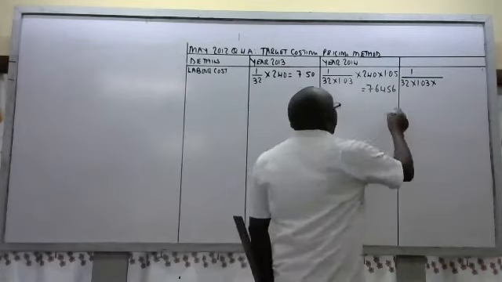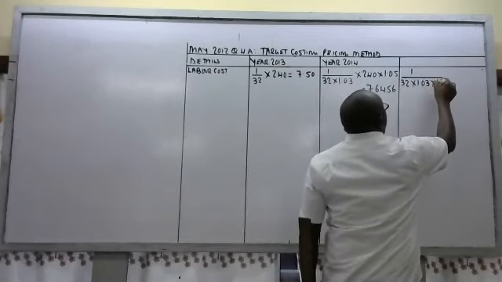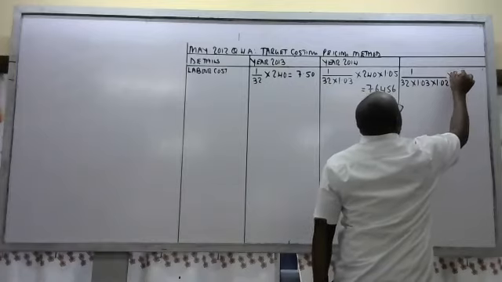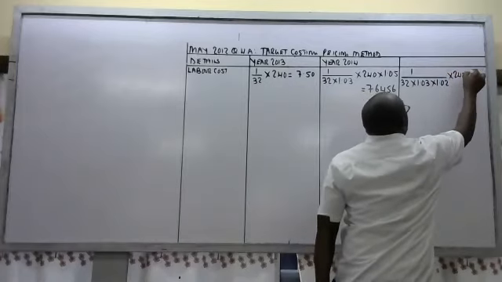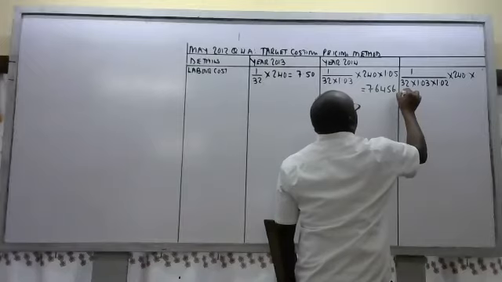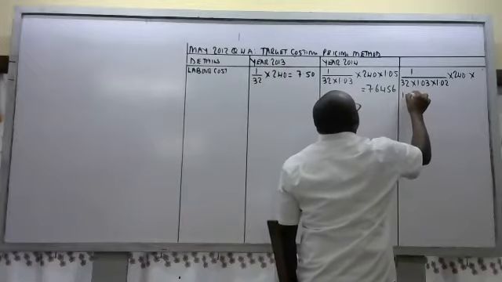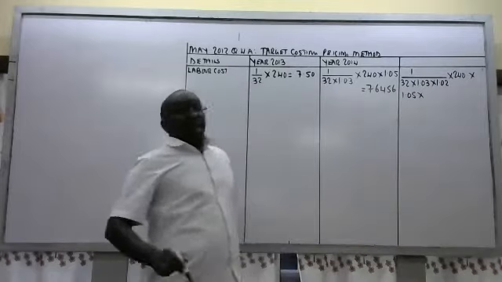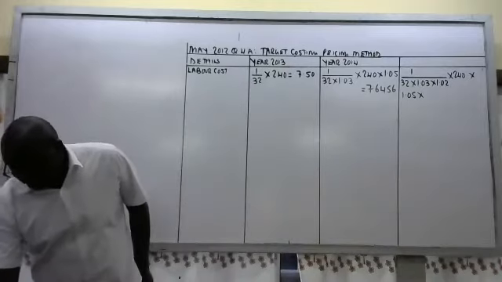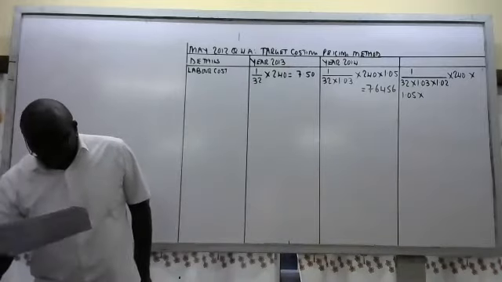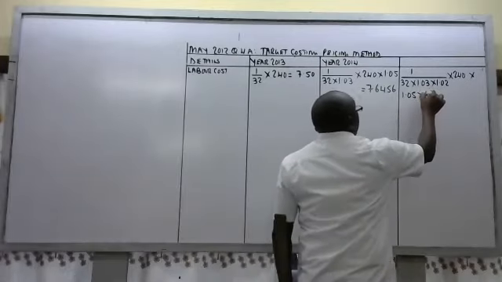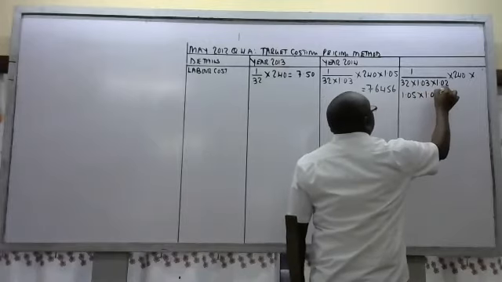So multiply by 1.02. Then you multiply by 240, multiplied by 1.05, multiplied by, the next year they're increasing by 4%, 1.04.